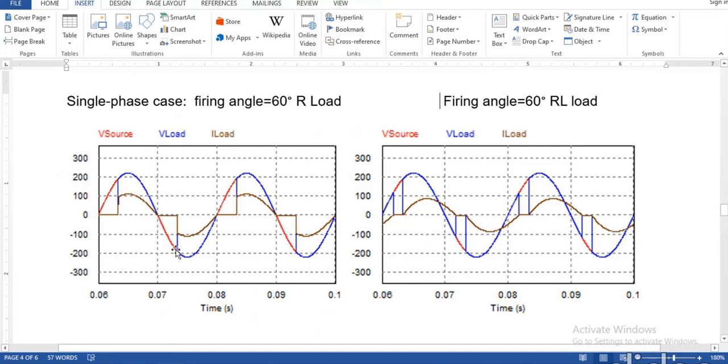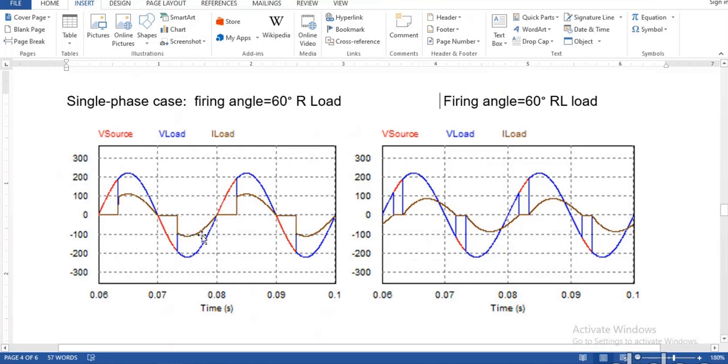So you can see that the current is half the original value. The red one is the source voltage. The blue one is the load voltage. And the brown one is the current. You can see that the current flows until pi, and after pi, the current becomes zero. So does the output voltage. Then again, during the negative half cycle at pi plus alpha, it starts conducting.